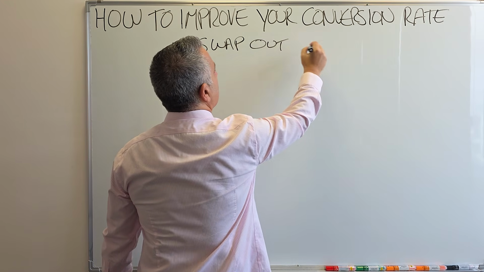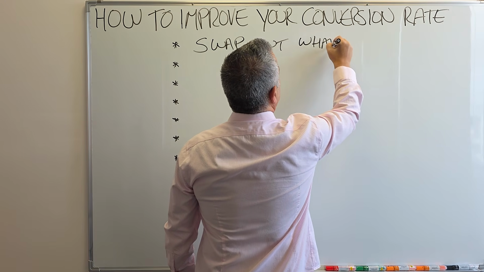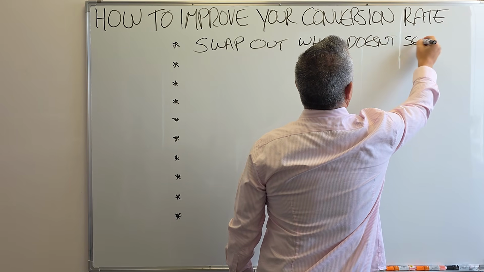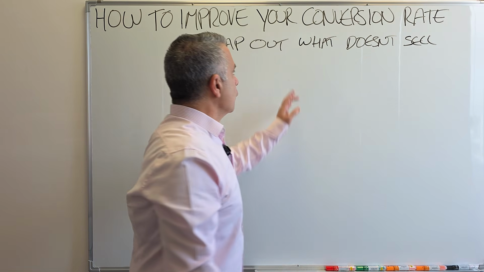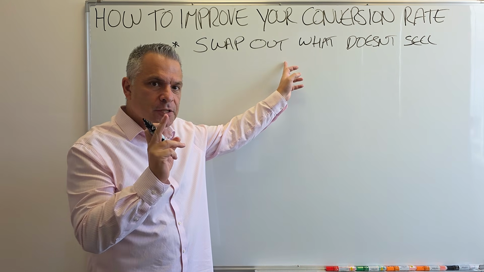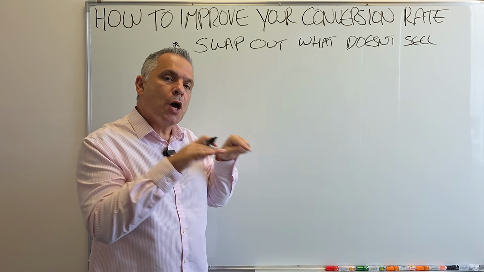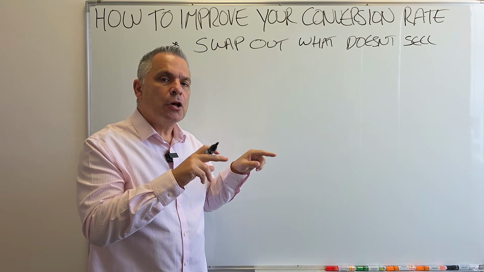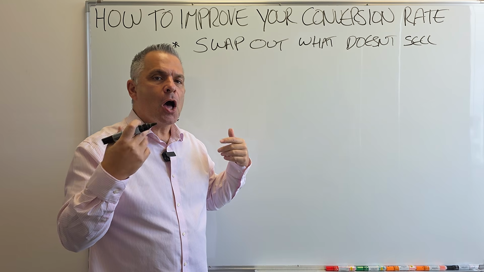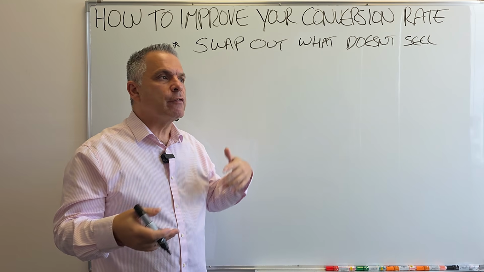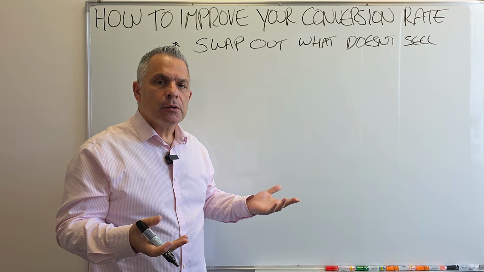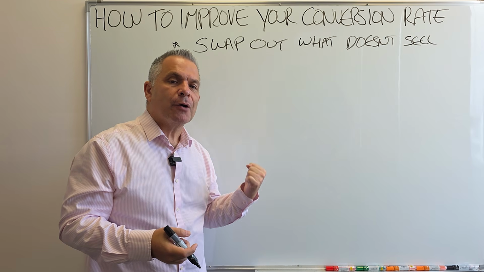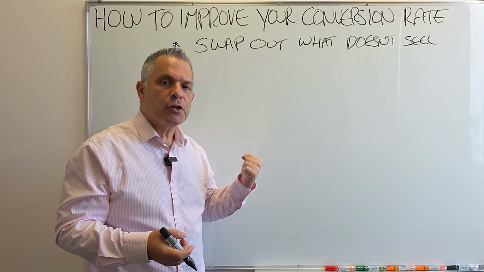You've got to swap out what doesn't sell. Listen to me here. If you go into your shop manager and look at listings that are just racking up views over years and not selling, that's a direct pull down and reduction of your conversion rate.